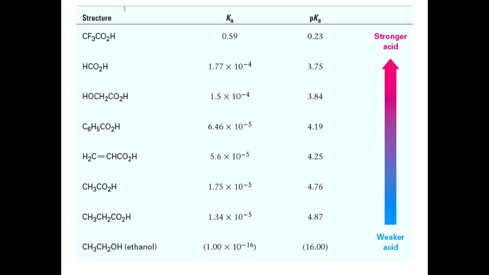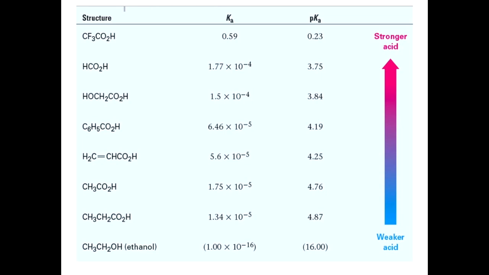Formic acid has Ka of 1.7 into 10 to the power of minus 4, and pKa is 3.75. 2-hydroxy acetic acid has Ka of 1.5 into 10 to the power of minus 4, and pKa is 3.84. Benzoic acid has Ka of 6.46 into 10 to the power of minus 5, and pKa 4.19.